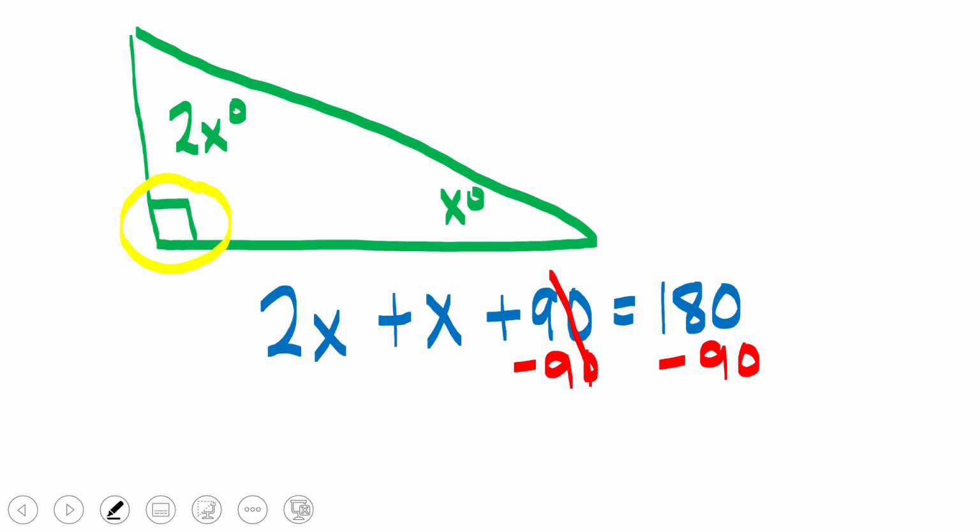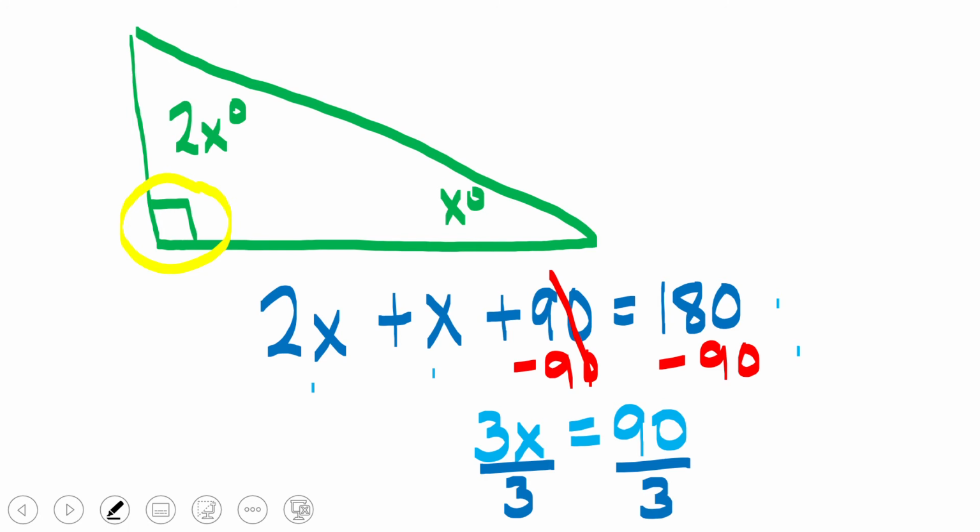And we would have 2x plus x. Well, that's 3x is equal to 180 minus 90. And we see that we can solve for x very easily now. x is equal to 90 divided by 3. So we have x is equal to 30 degrees.